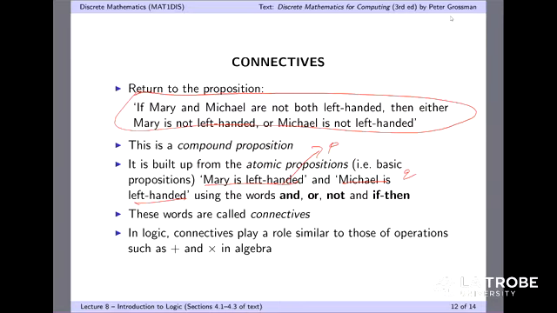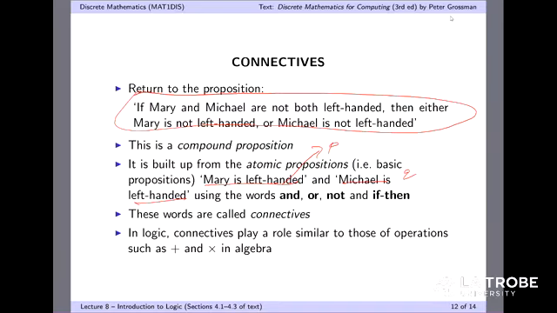Well, there you notice something. AND is a binary connective. It connects two propositions, two statements. OR also connects two statements. NOT is a unary operator. It only applies on one statement. Okay. And again, this is a binary and that is also binary.